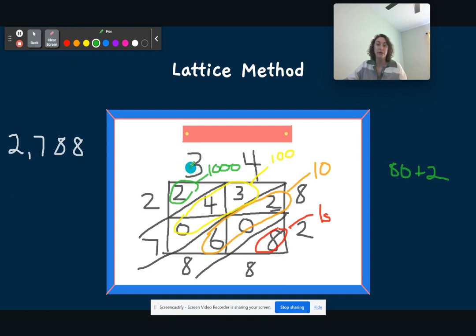Similarly, when we multiplied 3 times 2, we were multiplying 30 times 2, which is really 60, hence our 6 being there in the tens place. Lastly, when we multiplied 3 and 8, we were really multiplying 30 by 80, which we did before in the other method. That was 2,400. So we have a 2 in the thousands place and a 4 in the hundreds place.